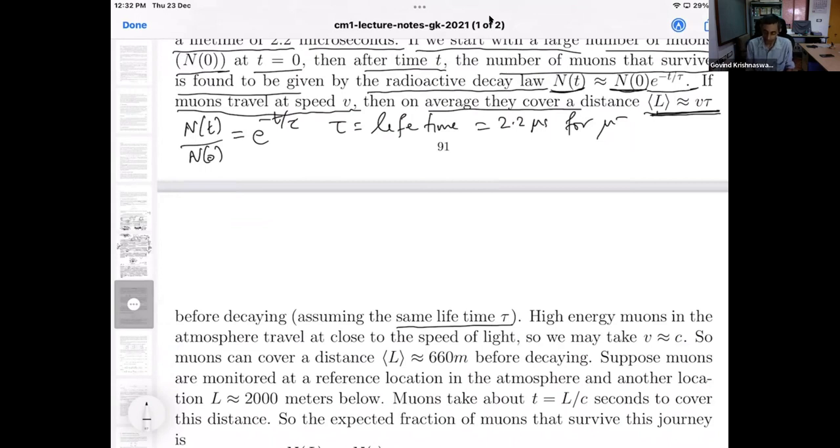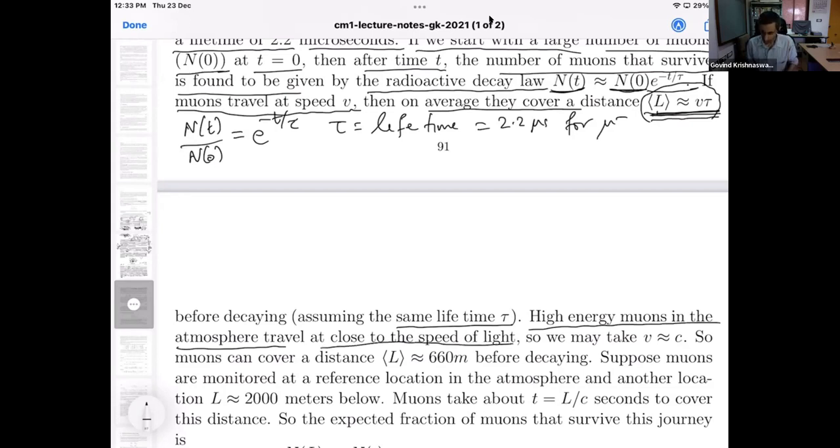So as I was saying, muons that travel at a speed v will roughly cover a distance v tau before decaying on average. Now, high energy muons in the atmosphere travel at close to the speed of light.